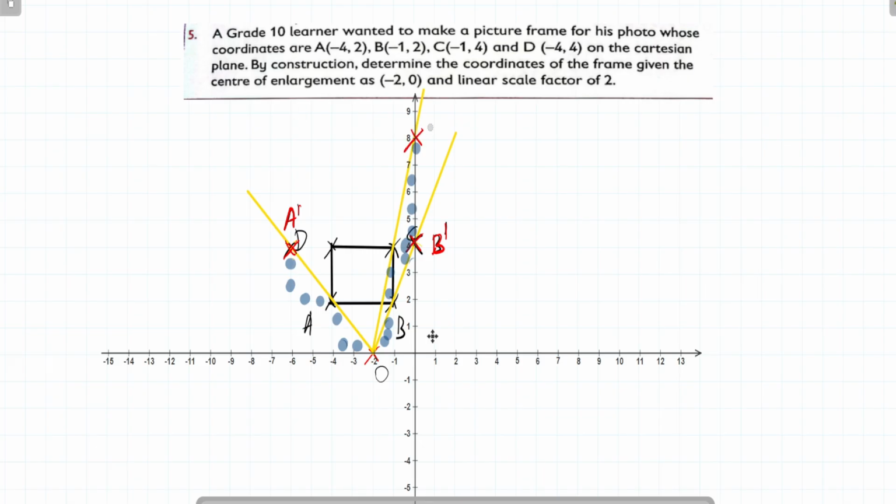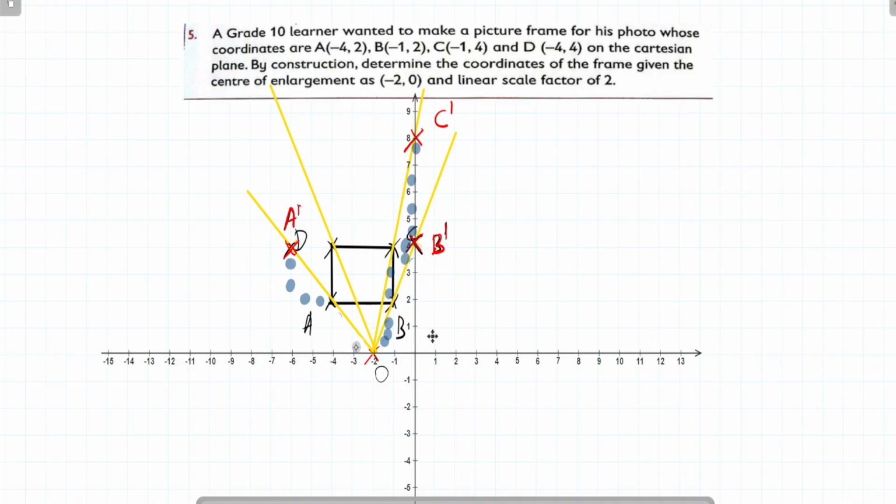Your image will be here, C prime, and then obviously you already know where your D prime will be, but just to confirm, take this and connect it. So once you do that, you do the same process. Let me wrap this so that it doesn't confuse.